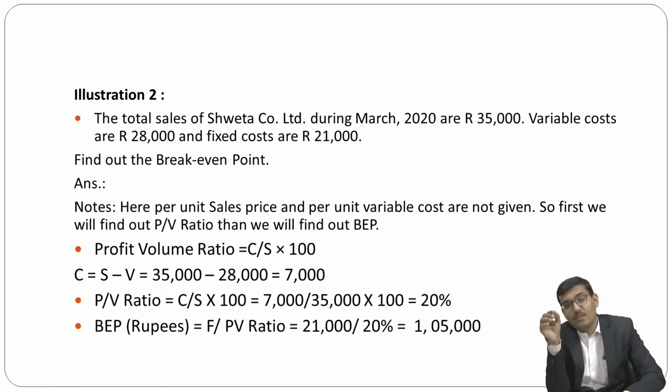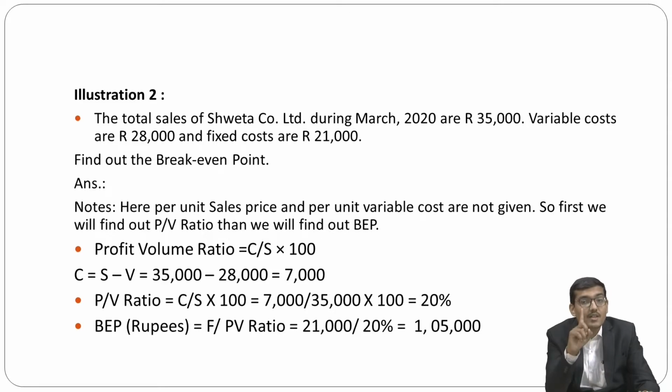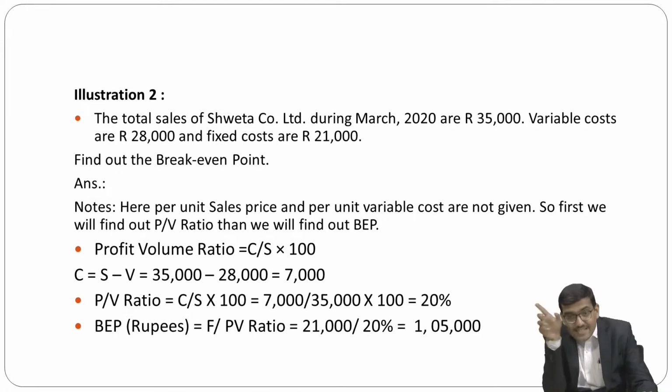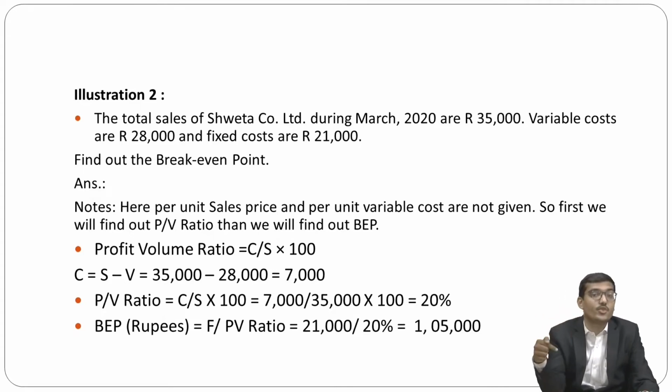So write it down: the sales during March 2020 is 35,000 less variable cost 28,000. So you get 7,000, which is considered as the contribution. So C is equal to 7,000. Then less fixed cost 21,000. So ultimately it is a loss situation.